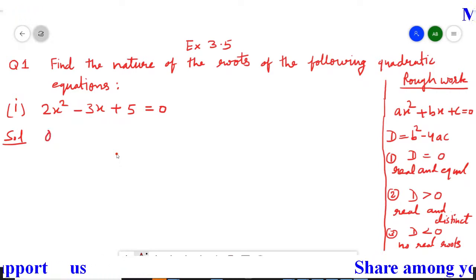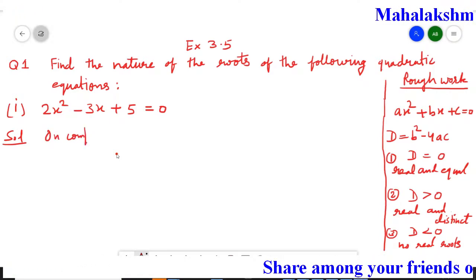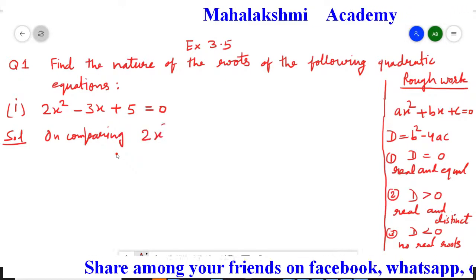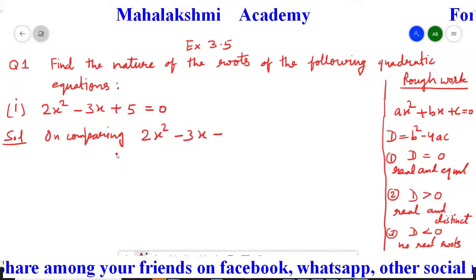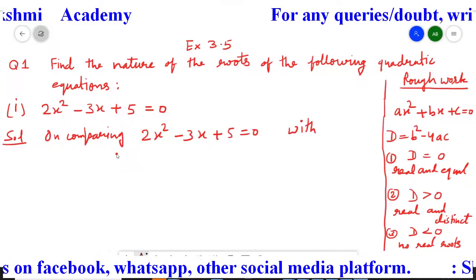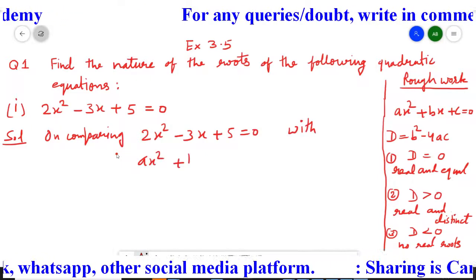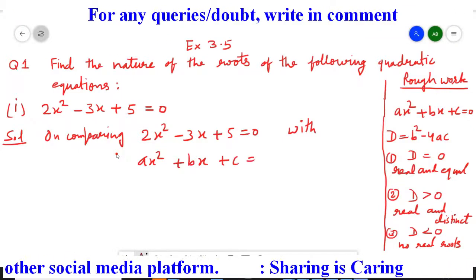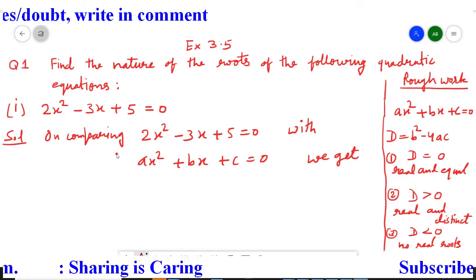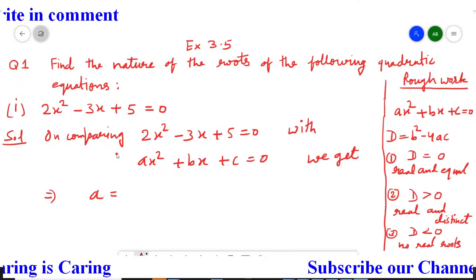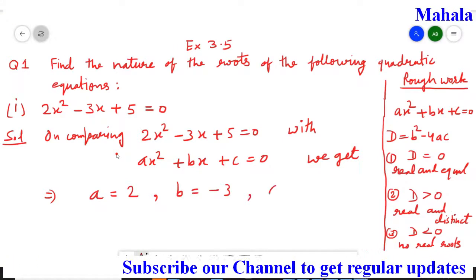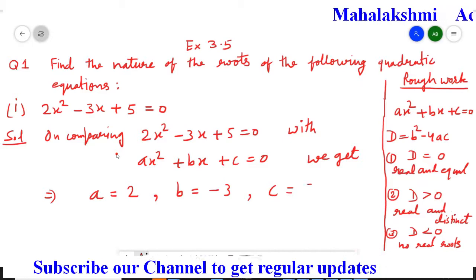So we write here, on comparing 2x square minus 3x plus 5 equal to 0 with ax square plus bx plus c equal to 0, we get a as 2 and b as minus 3 and c is going to be 5.